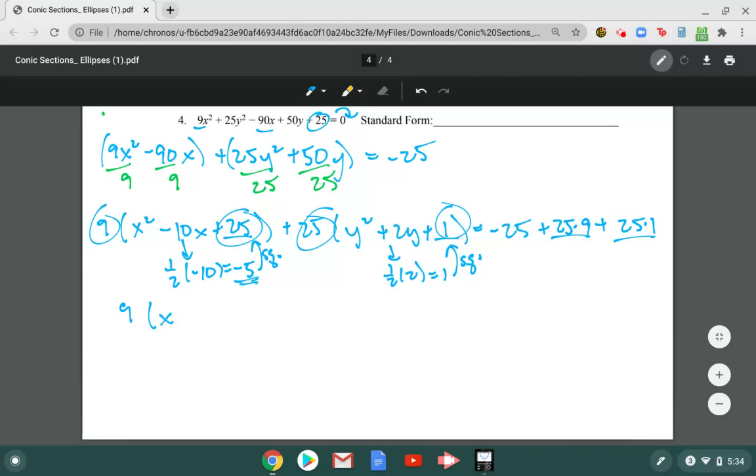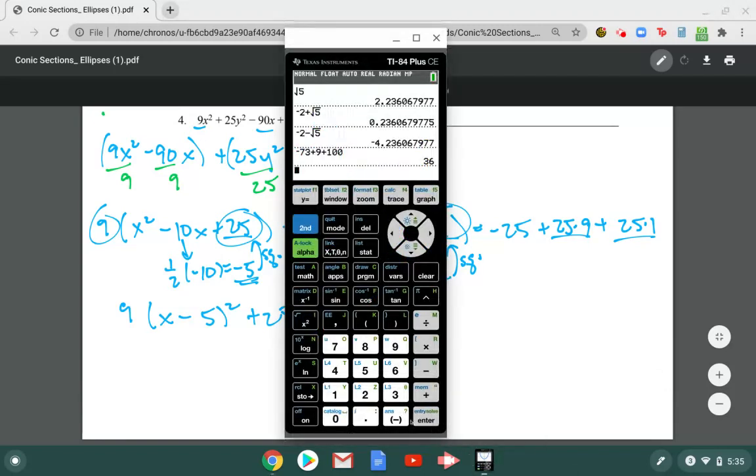9 is out in front. X, I'm going to use my number from my complete the square work. Minus 5 squared plus 25. Y plus 1 squared is equal to, I don't know. So negative 25 plus 25 times 9 plus 25 equals 225.